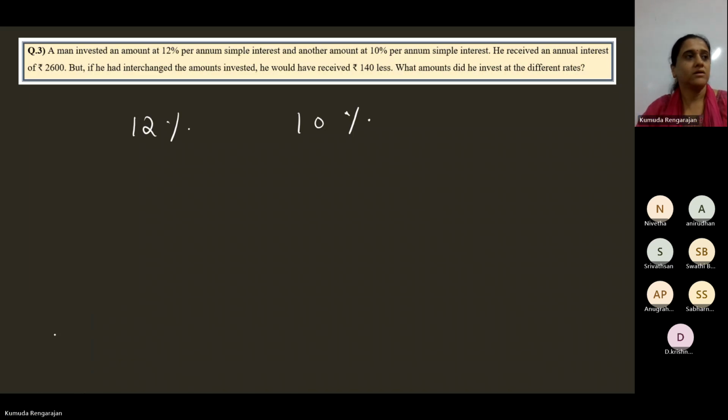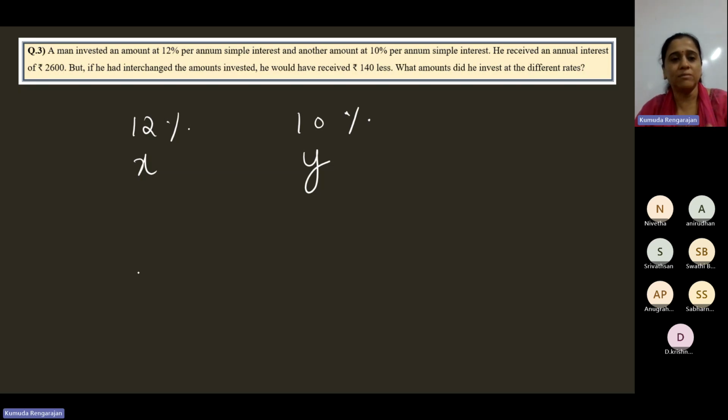What is time here? 1 year, because annual interest. So time is 1 year. So we'll say he invests X rupees at 12% and Y rupees at 10%, and we'll construct the equation for the first case.